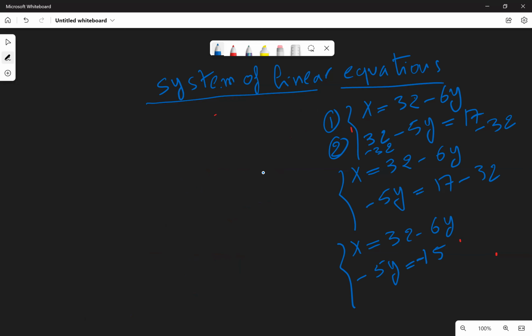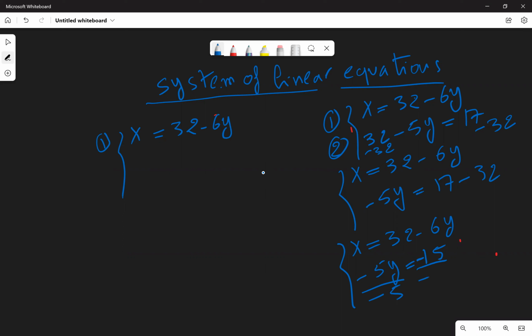All right, so I'm gonna write my first equation and leave it as it is: x equals 32 minus 6y. Here I have minus 5y equals minus 15. A minus 5 is multiplied by y, and I want to get rid of that minus 5, so I'm going to divide by minus 5 on the left side.